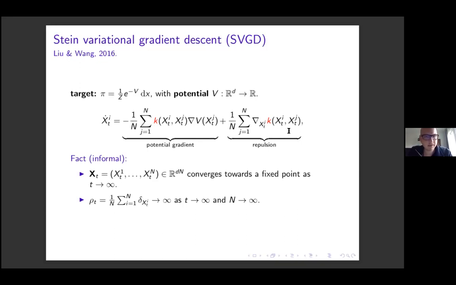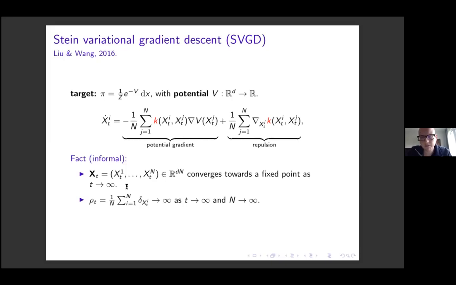Okay, and why is this useful? There are two important facts about this coupled system of ODEs. First of all, if you look at the joint positions of the particles in the combined state space, then under some conditions on the potential V and on the kernel k, this will converge towards a fixed point.